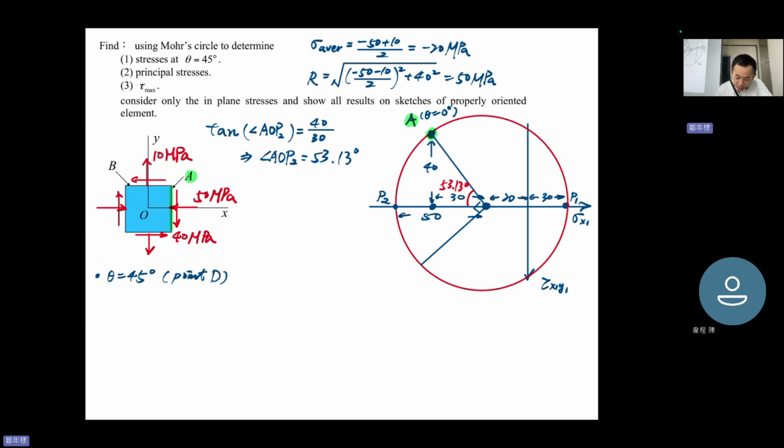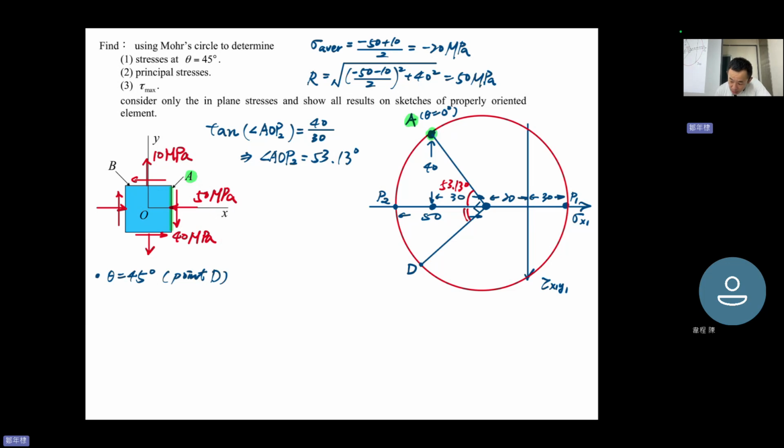And what is a 90 degree? So I will say this point is D, and this angle is 90 minus 53.13.